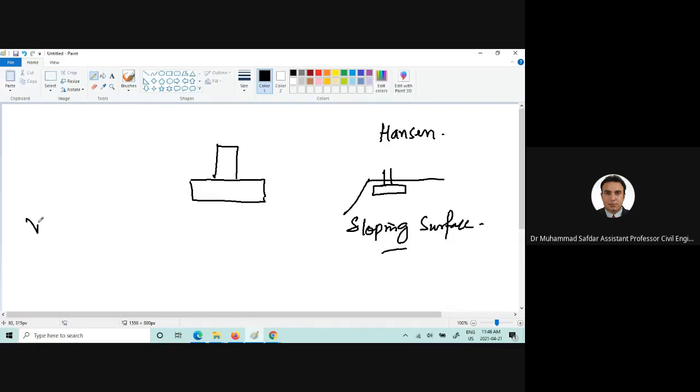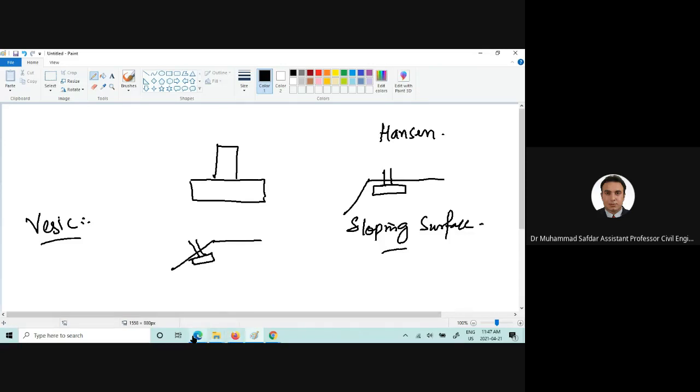Then Vesic came and he proposed the bearing capacity for the inclined foundation as well. So these are the things which were adopted by various researchers in order to find out the bearing capacity of the soils.